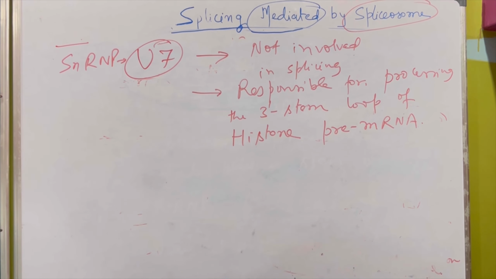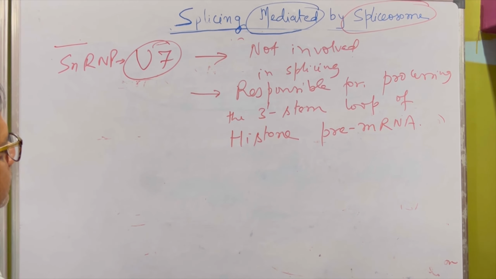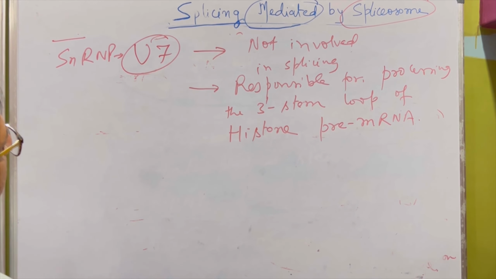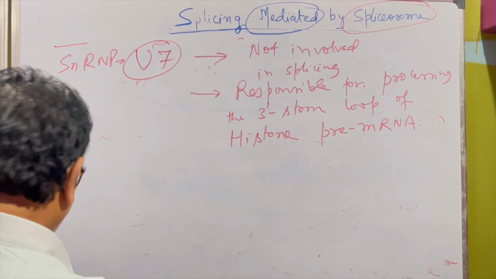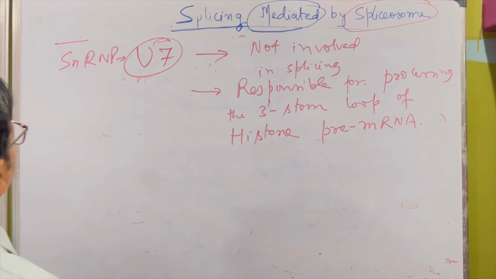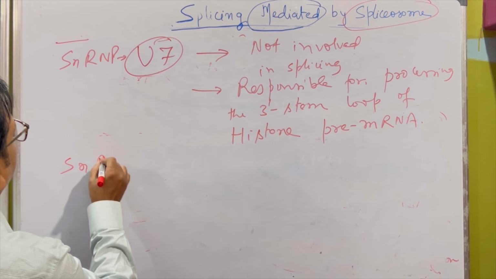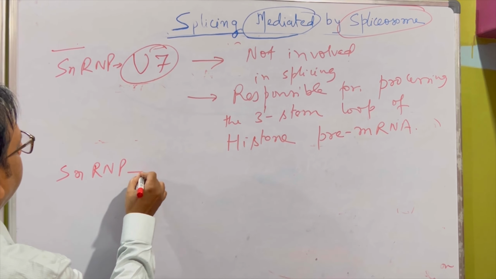Obviously, when you talk about loops and all these, you are talking about some mechanisms. Since it is not part of a spliceosome, we will not go into further detail.